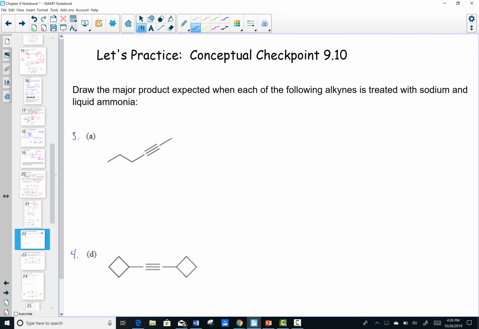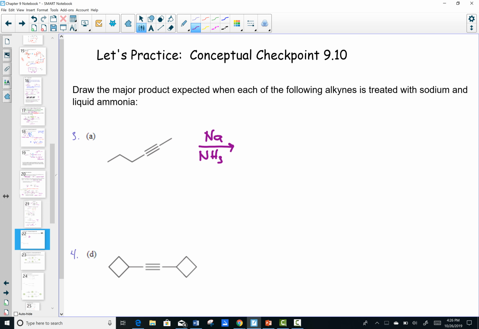And we can put it into use with some practice problems coming from your conceptual checkpoint 9.10. When we treat the following alkynes with sodium, sitting on top of the arrow, and liquid ammonia, on the bottom of the arrow, predict the major product that's expected.